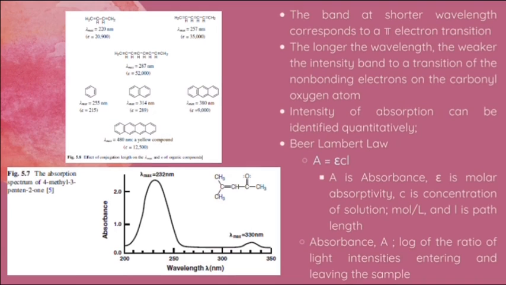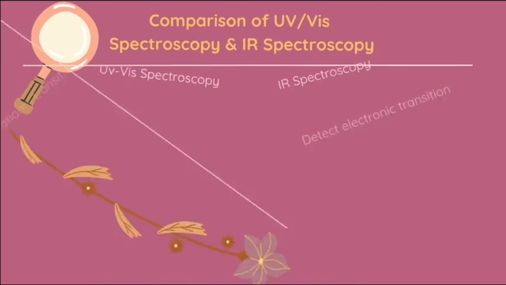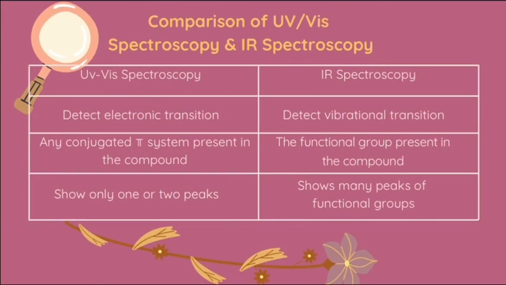Here is the comparison of UV visible spectroscopy and IR spectroscopy. UV visible spectroscopy will detect electronic transition, as I told you before, and IR spectroscopy will detect vibrational transition, even though both are electromagnetic radiation spectrum.